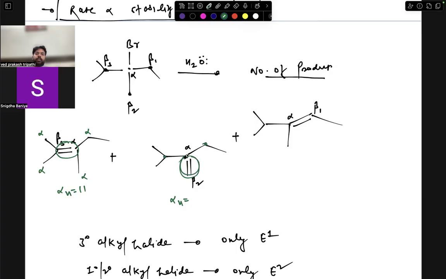This is the circle, so this is the alpha carbon. This one is alpha. And how many here? 4, 5, 6, 7. Yes. So Zaitsev is this one. This one is the major one.